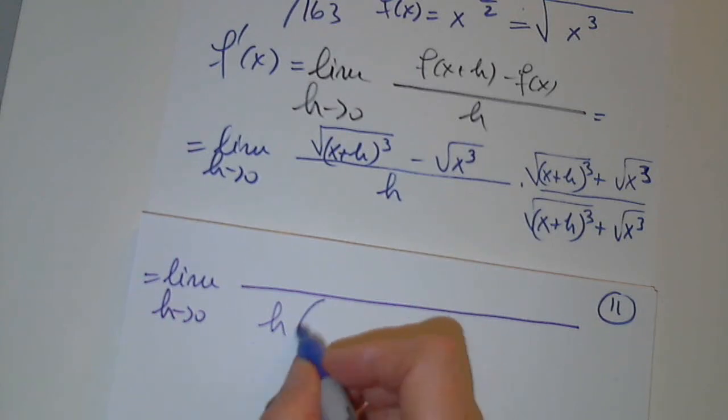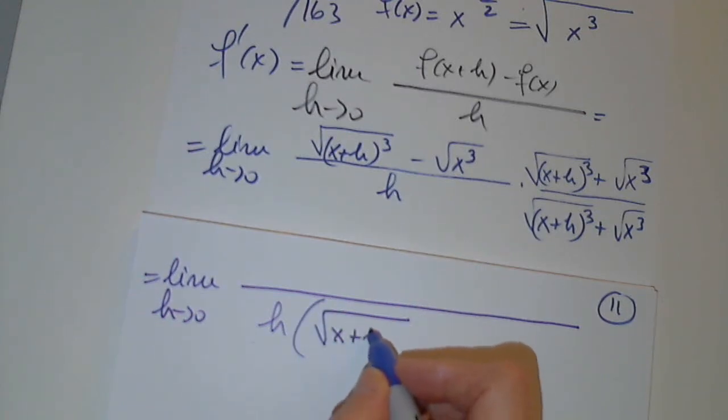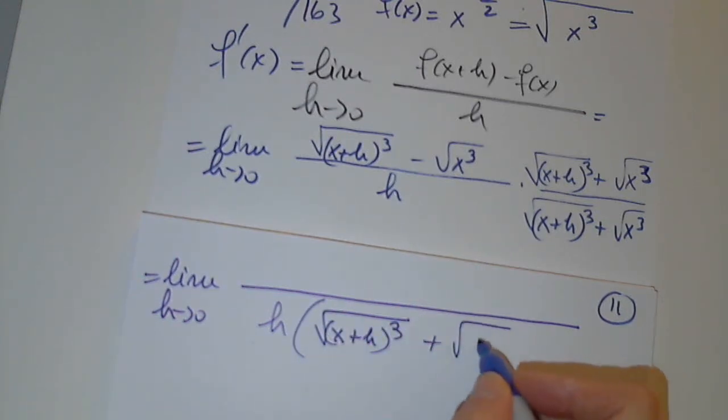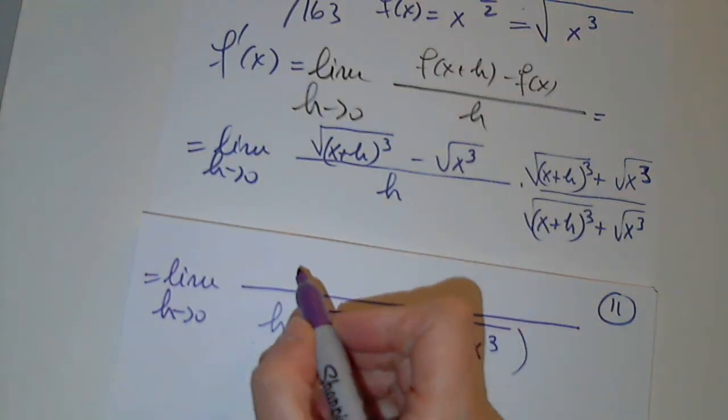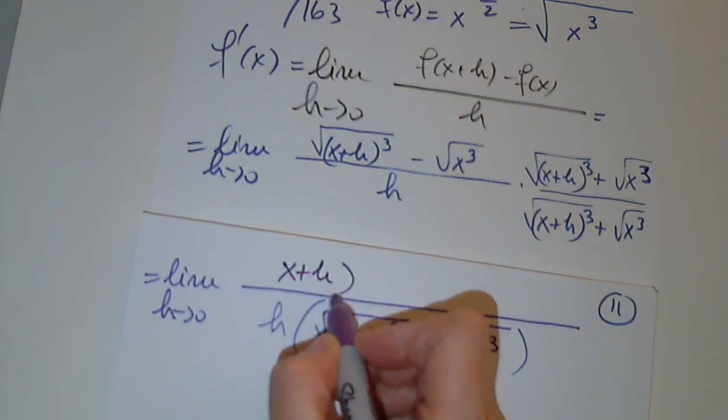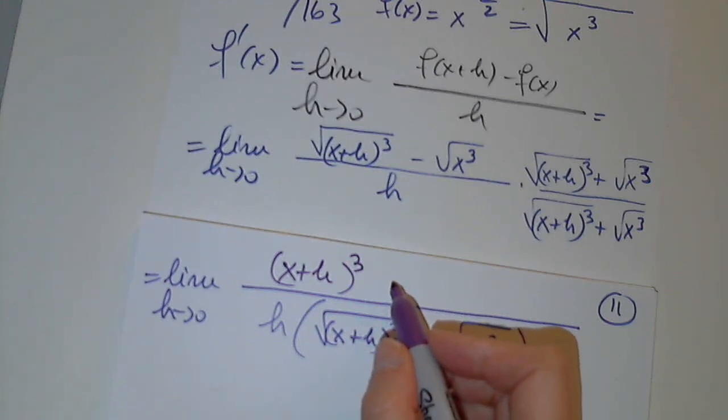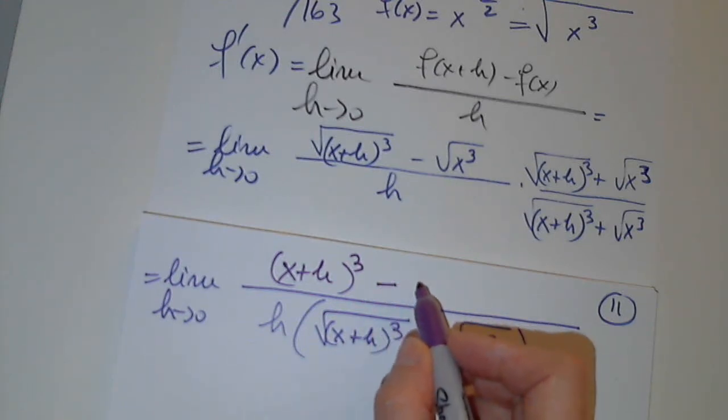H is the denominator. The square root of x plus h to the third plus the square root of x cubed. Can anyone give us the numerator? I wrote the easy part, and I want you to do the heavy duty. What do I write? It's just x plus h cubed. Yes. No, okay. And then minus x cubed.